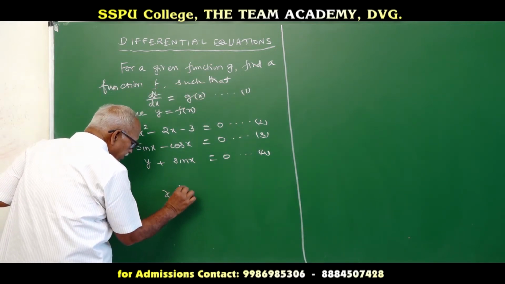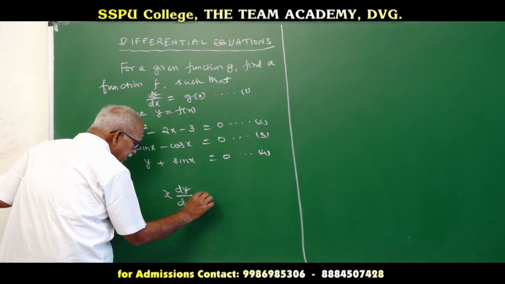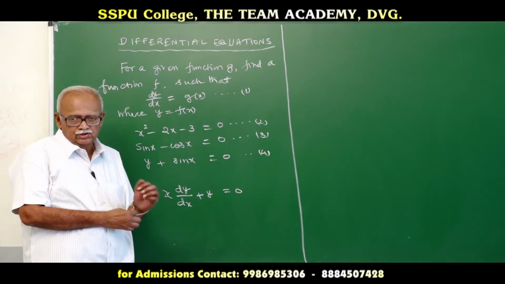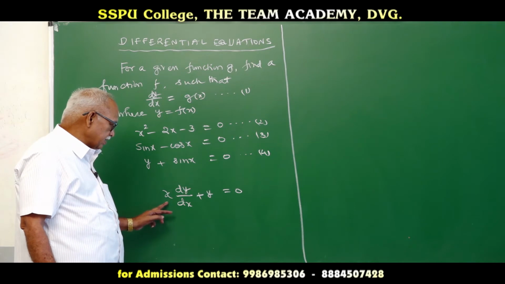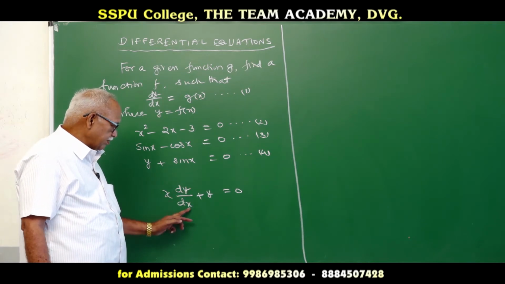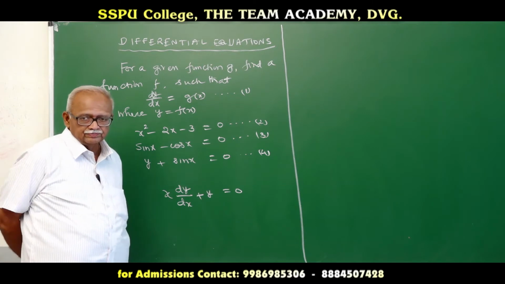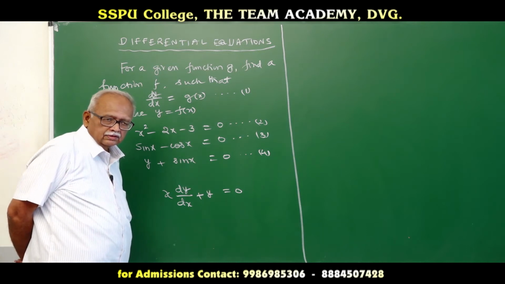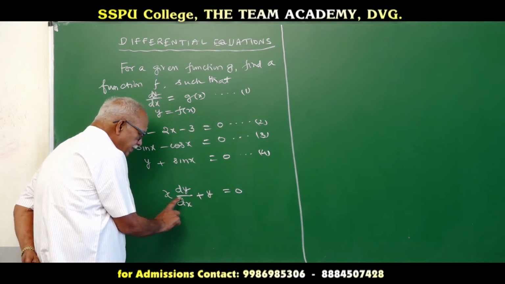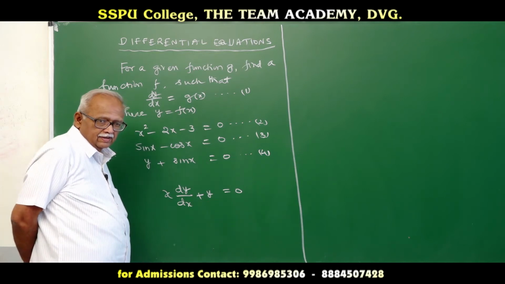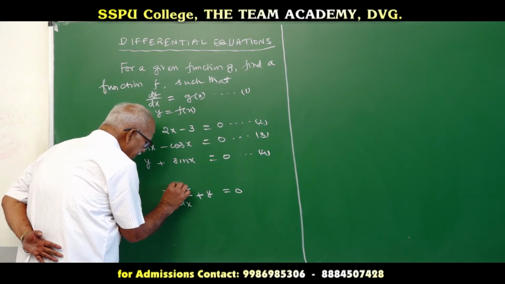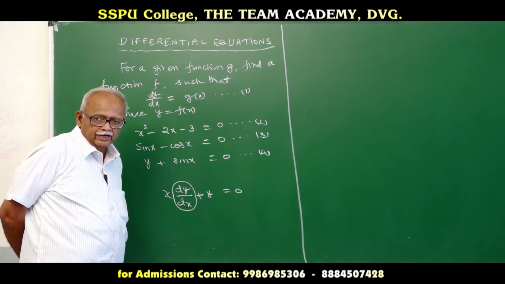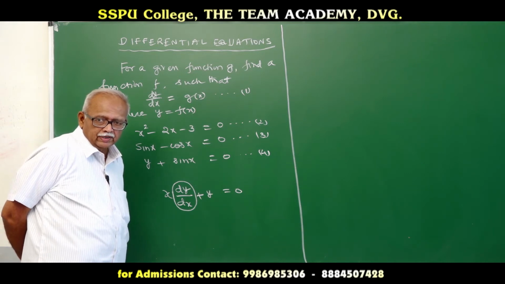Now I will write an equation like this: x into dy by dx plus y is equal to 0. Consider the equation x into dy by dx plus y is equal to 0. In this equation, apart from the independent variable and dependent variable, there is one more thing. What is that? The derivative of the dependent variable with respect to the independent variable.